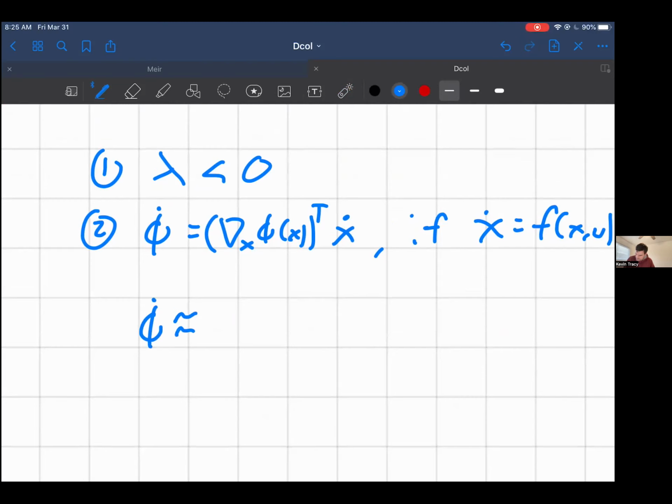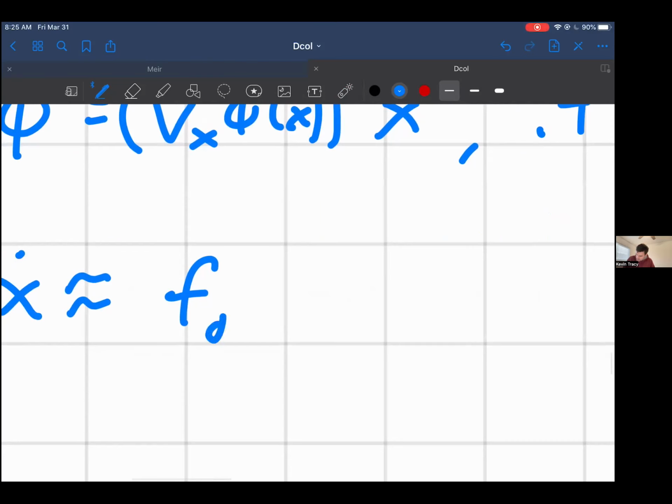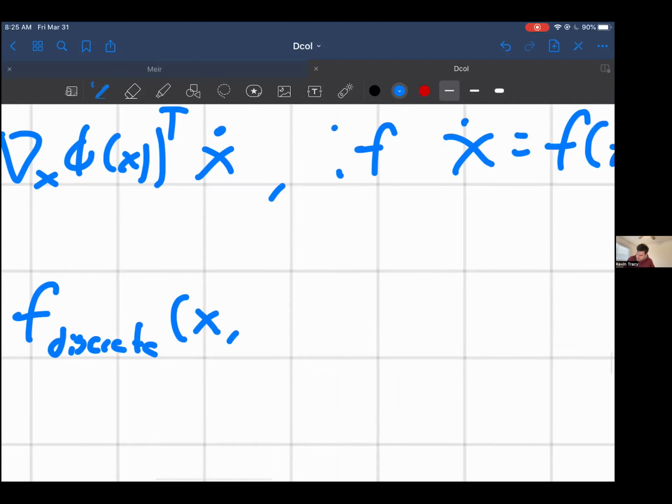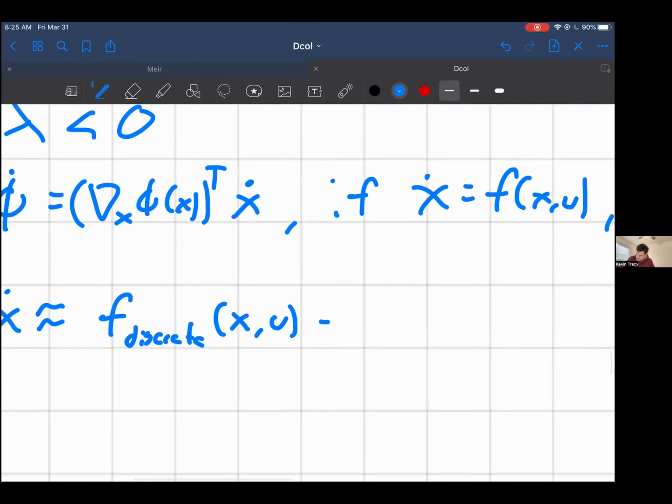x dot is approximately f discrete, so here's my discrete dynamics function, so I'm going to be integrating it, (f discrete(x, u) minus x) over dt.